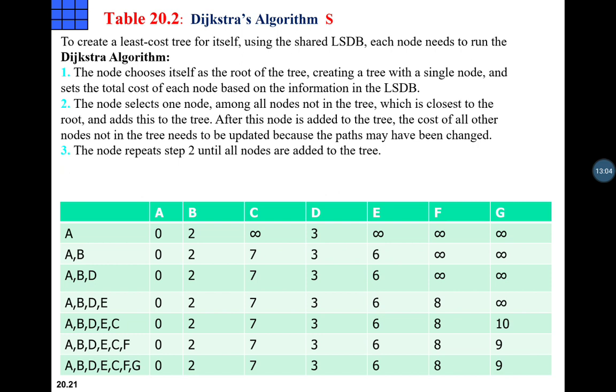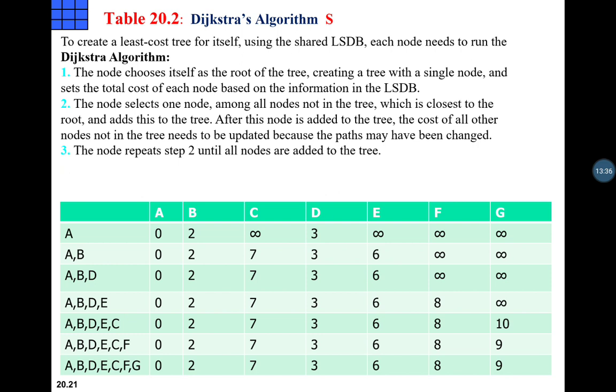The node chooses itself as the root of the tree, with respect to A. Considering A as the root node, the algorithm is applied, creating a tree with a single node, and sets the total cost based on the information in the link state database.